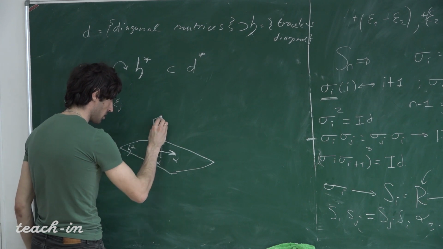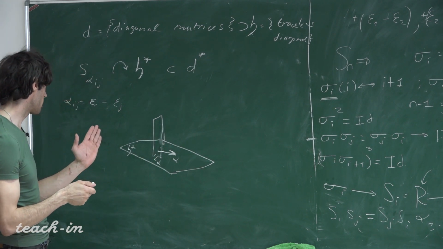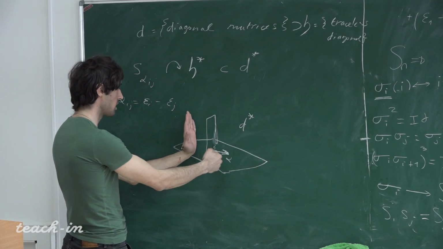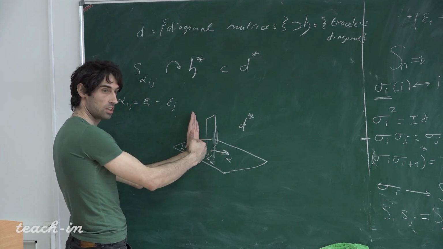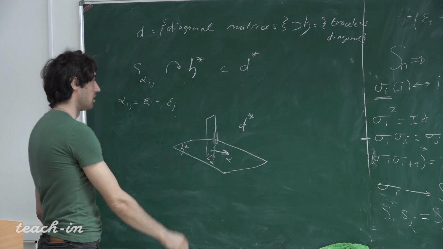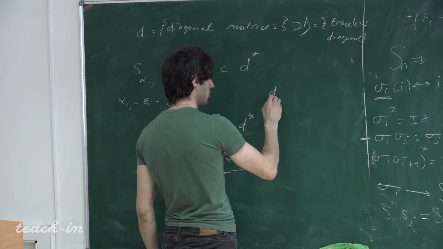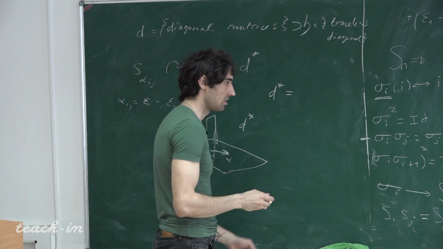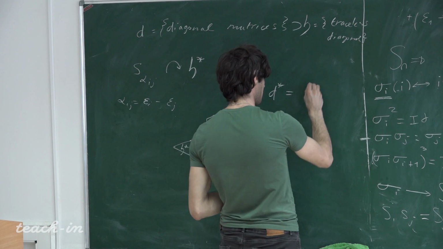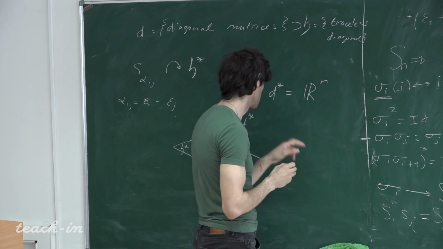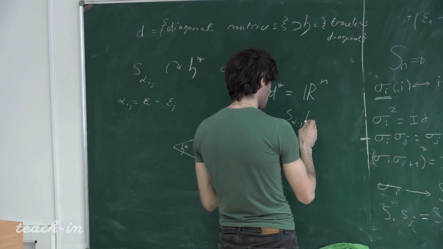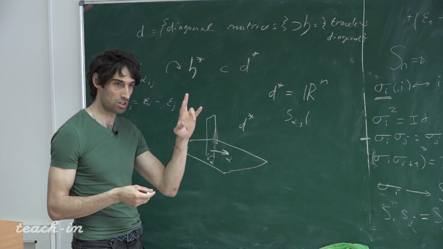I define the action of s_alpha_ij on D star as a reflection with respect to this bigger plane. That's what I meant by adding this one additional thing. D star is actually R^n. And I claim that s_alpha_ij acts by permuting coordinates.